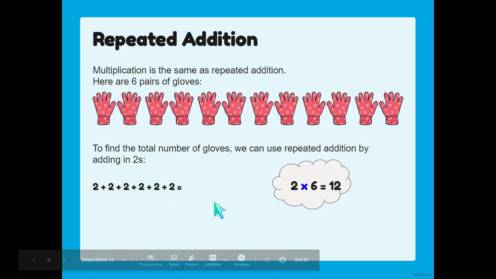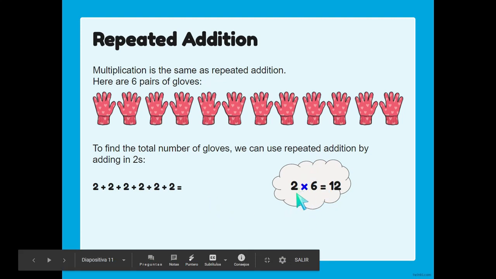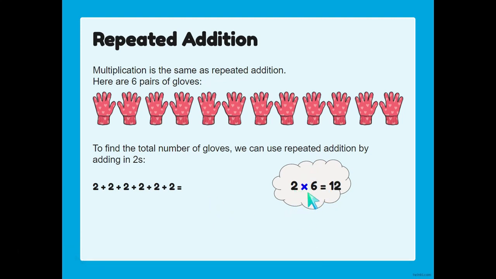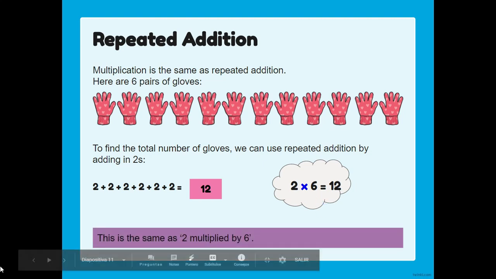And this is exactly the same as multiplying 2 times 6. In this case, the total is 12. So we can say that here we have 12 gloves in total.